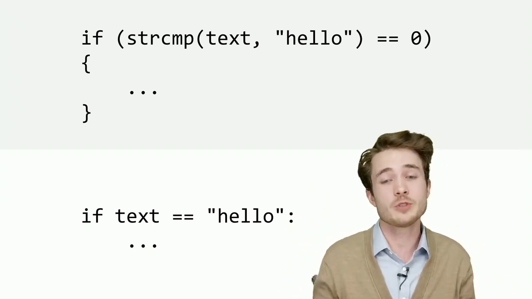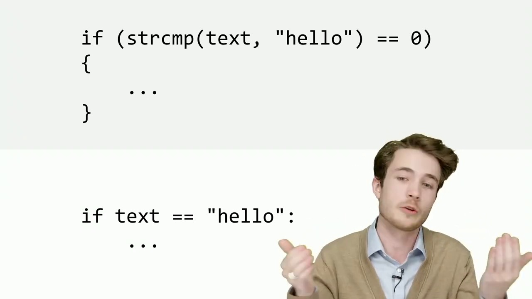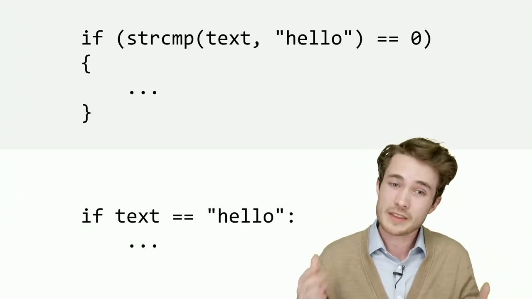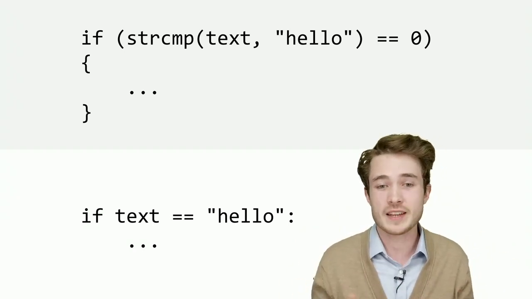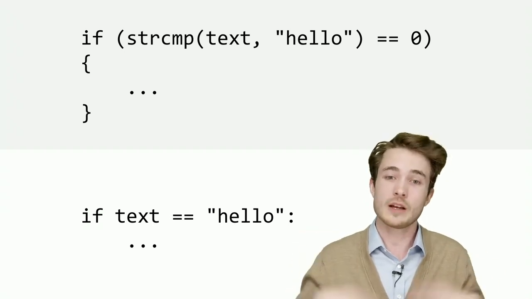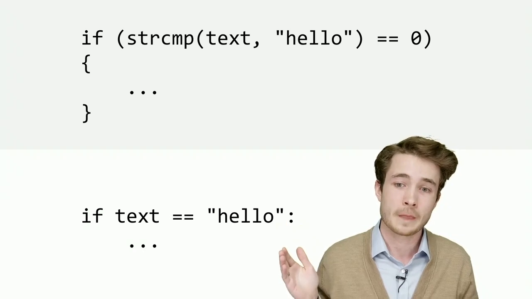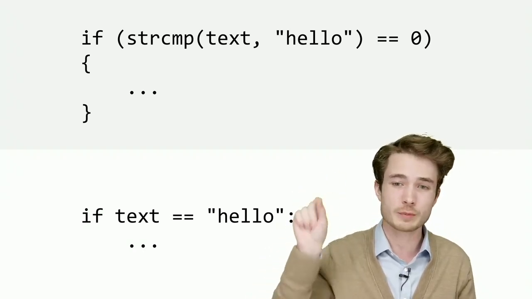We're saying, let's use strcmp to look at text and hello, and check the return value to see if it's 0, where 0 indicates that these are the same. Well, in Python, we don't have to do any of that. No special functions involved here. All we get to say is if text is equal to hello, if this text is hello, let's do something that's indented. And maybe you notice as well that in the top, in our if statement, we have to have these curly braces.